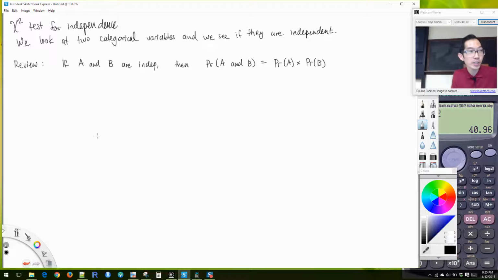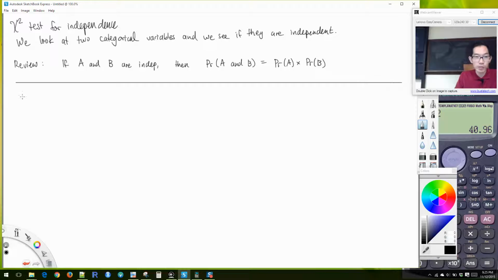All right, and so let's just try a scenario here where we would expect things to be independent, okay? So we'll say, is wearing glasses independent of being left-handed?